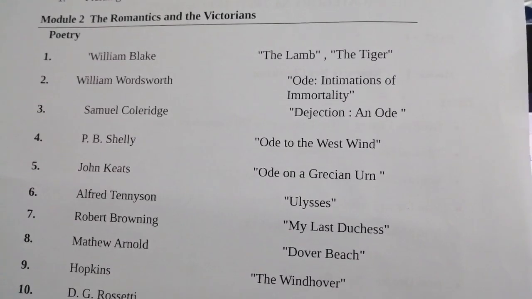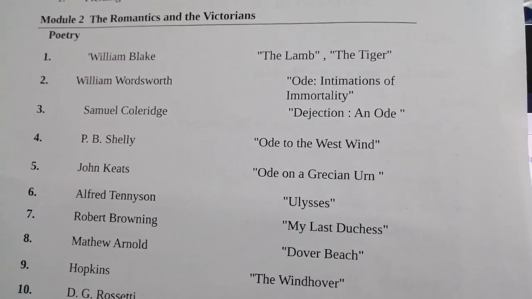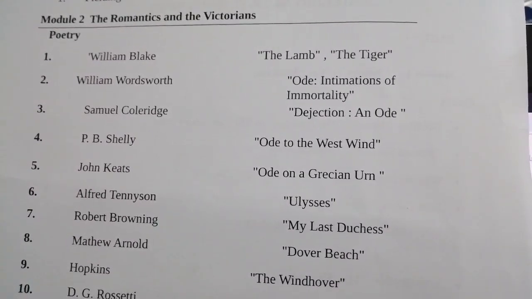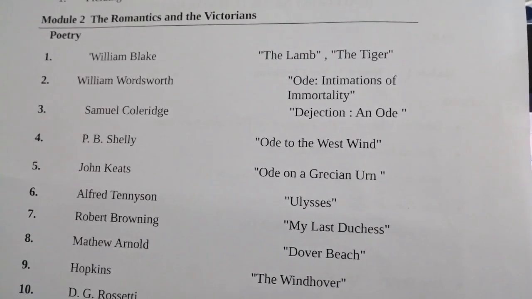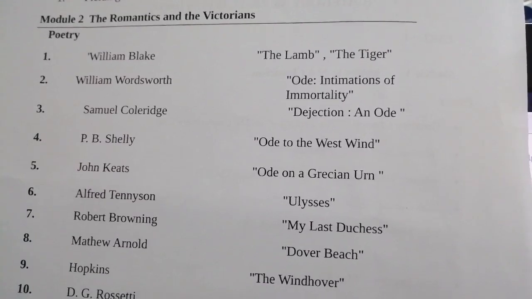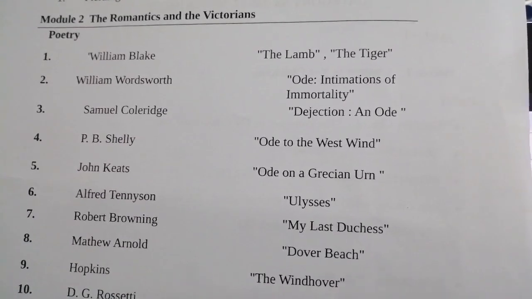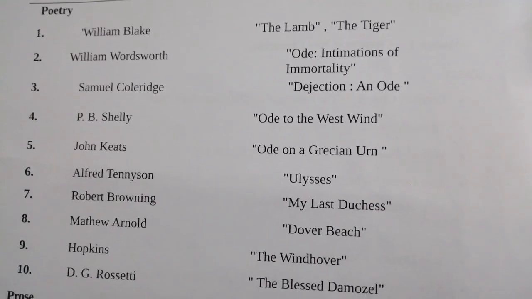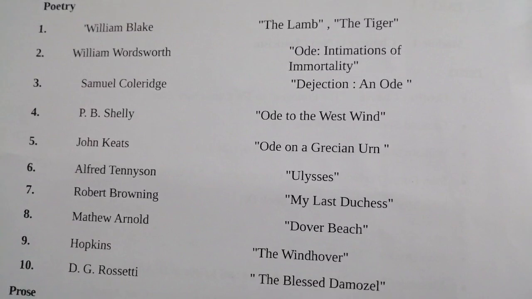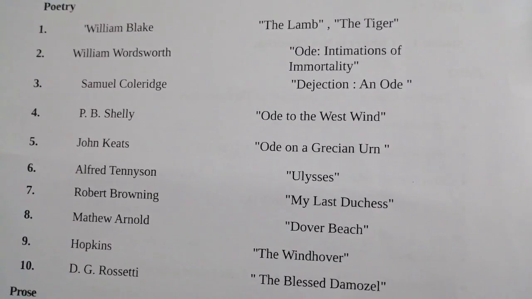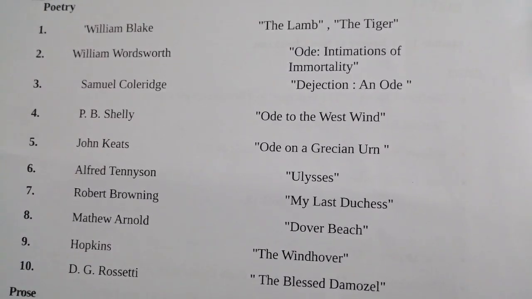From John Keats, Ode on a Grecian Urn. And Alfred Tennyson's poem Ulysses. Robert Browning, My Last Duchess. And Matthew Arnold, Dover Beach. And Hopkins, The Windhover. And D.G. Rossetti's poem The Blessed Damozel is also included.